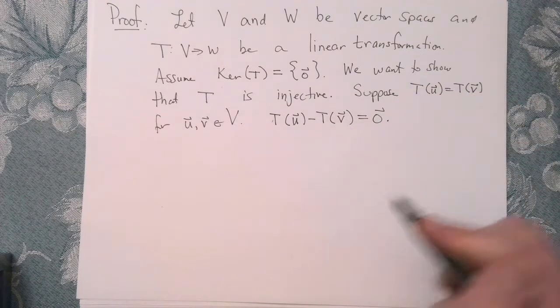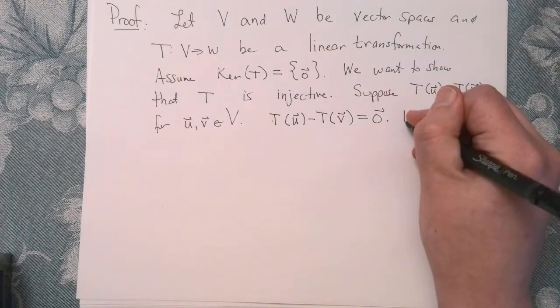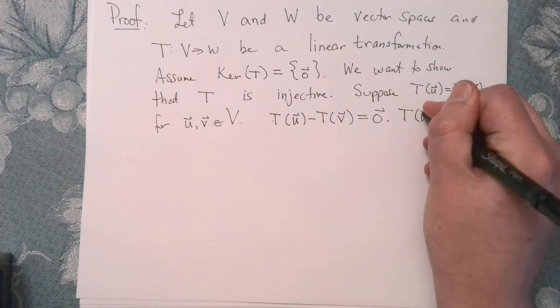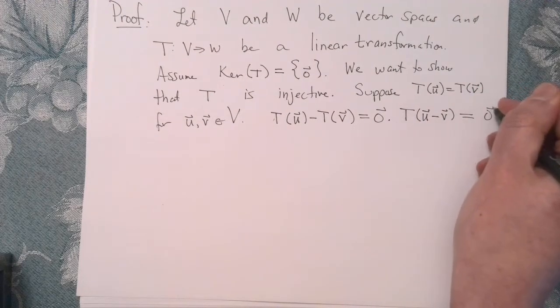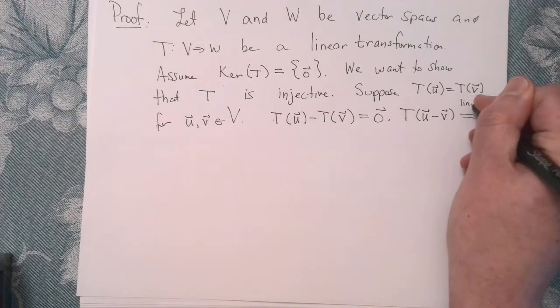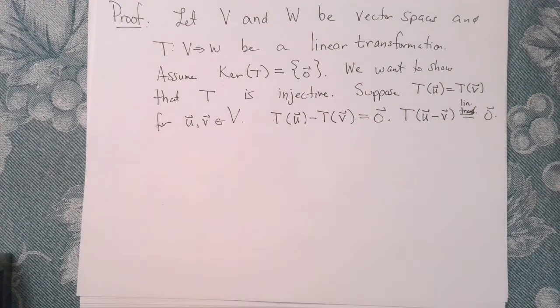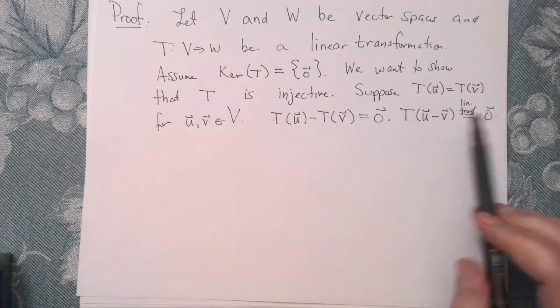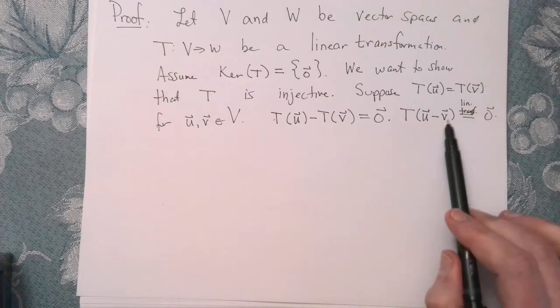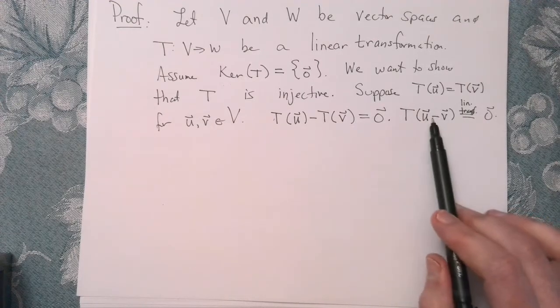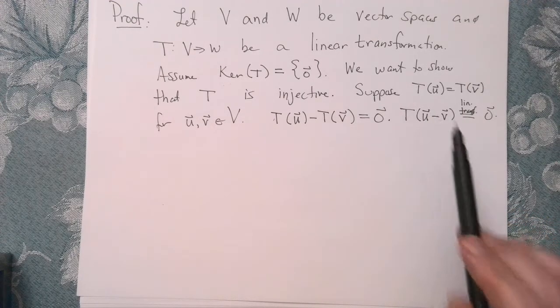But by properties of linear transformations, we have the following. Well, that's pretty nice. So what does that tell me about this element? Well, since the image of this is equal to zero, that guarantees that this is in the kernel, right? Just by definition of kernel.